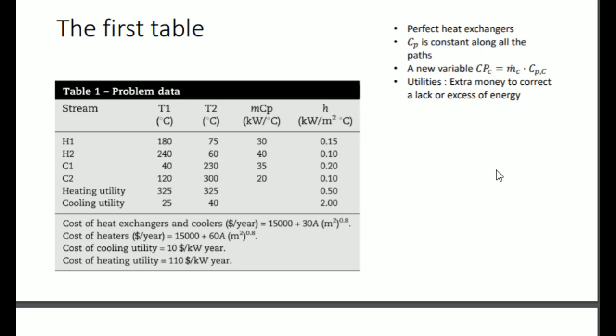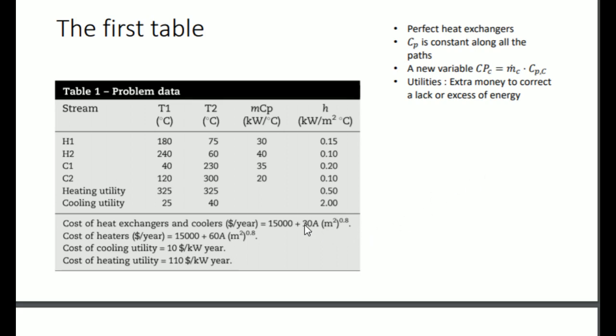You will only transfer part of it. So this assumption can be wrong depending on the length of the surface of your exchanger. Now we have utilities that we use and that cost us extra money to correct a lack or excess of energy.